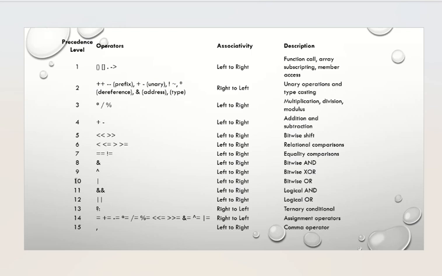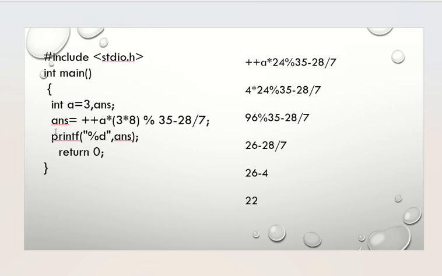Have a look at this. Can we go and solve this problem? See here, ++a, multiplication, 3 into a. Here we use the parentheses, then modulo, 35 minus 28 divided by 7. So ++a into 3 into 8. This is the first operation which is going to be evaluated by the compiler.